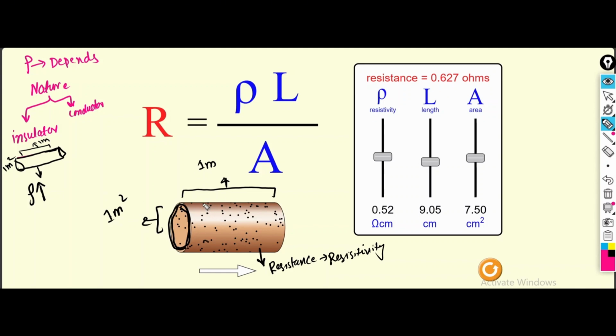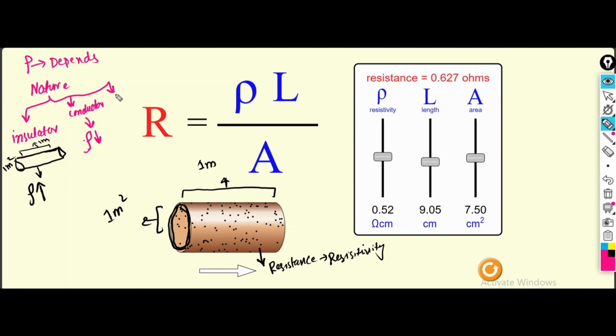In this case, the resistance will be less inside this copper rod as compared to the insulator. Therefore resistance is directly proportional to resistivity, and therefore we can say that inside the conductor the resistivity, which is represented by this rho, will be less as compared to this insulator.